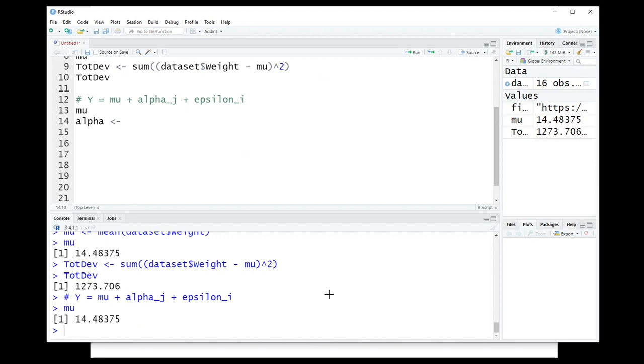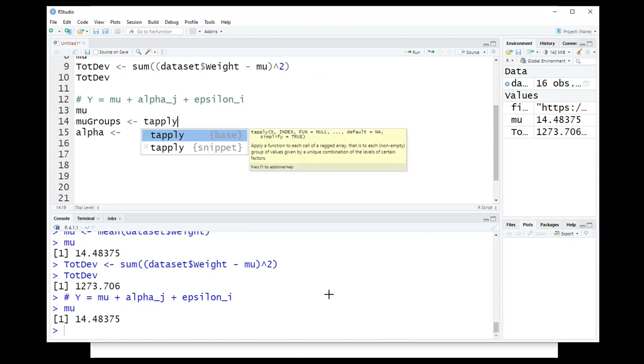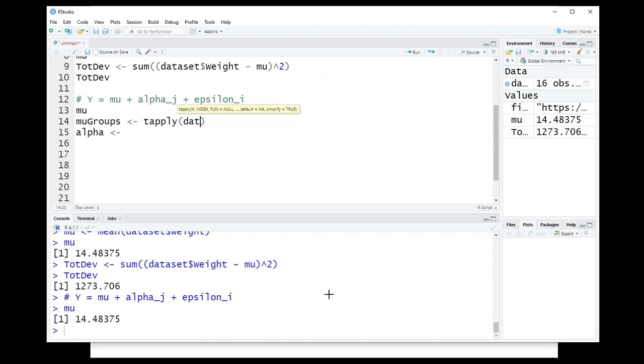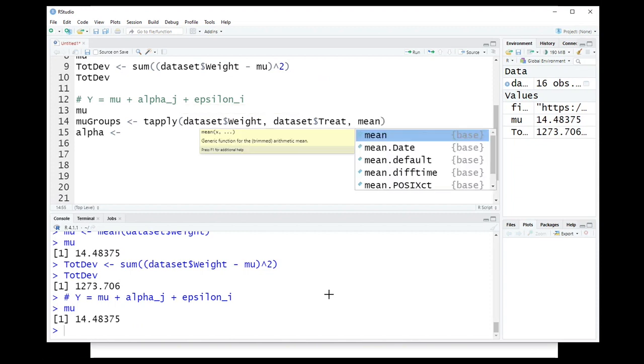Now we need to calculate alpha. Because we can calculate first the means for the groups, as we did yesterday. So we use the function tapply. We want to work with weight, we want to use the treatment as the index, and we want to calculate the mean for the groups.